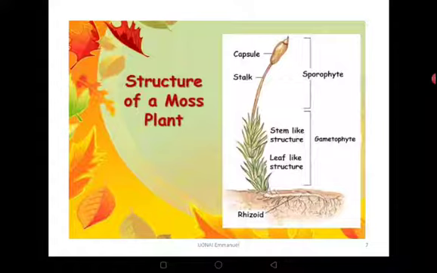Then we have the gametophyte, which contains the stem-like structure and the leaf structure. And then we have the root-like structures called the rhizoids. Remember, these plants are very small, and to see them clearly you must scan under a microscope. They are so small.